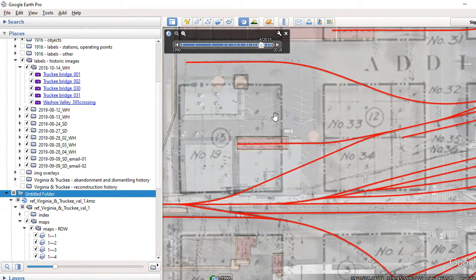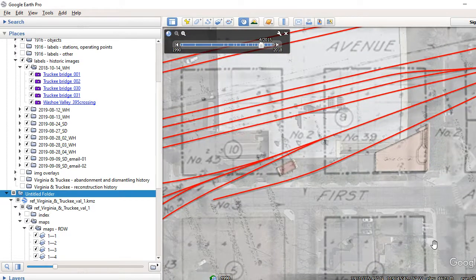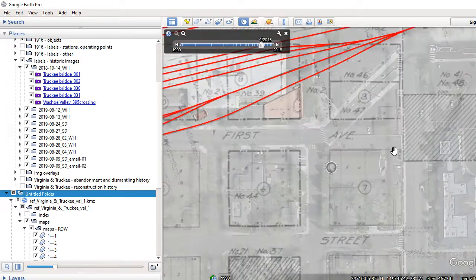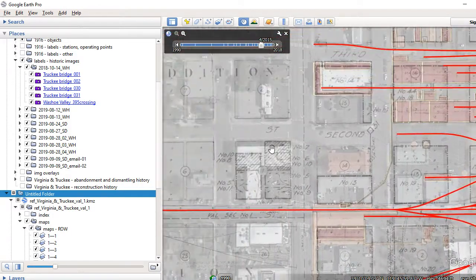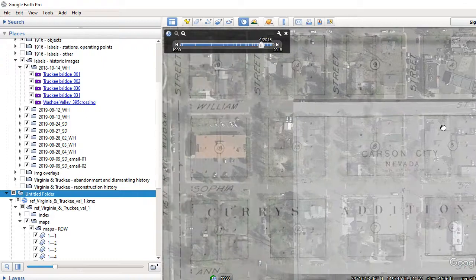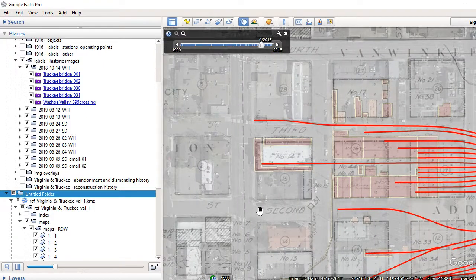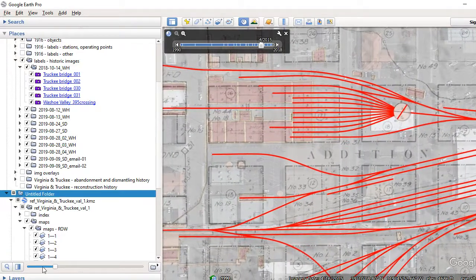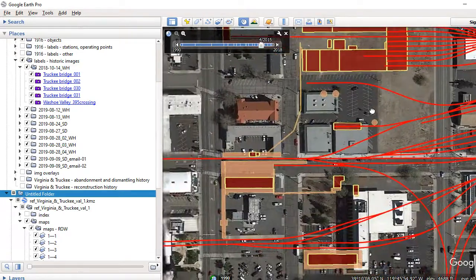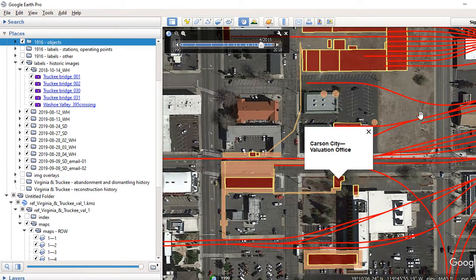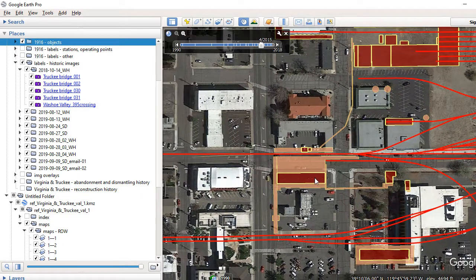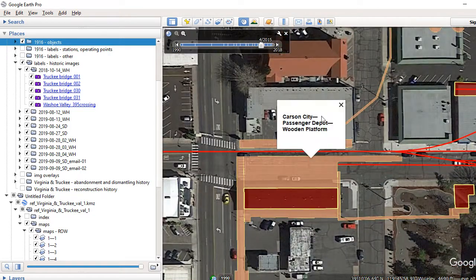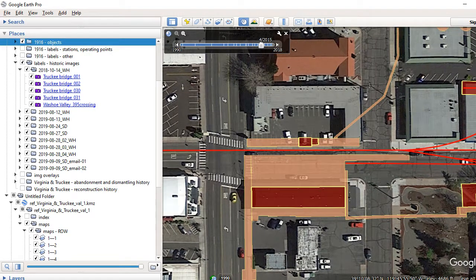If you look carefully at the relationship between the property boundaries in the map and the streets, that's what allowed me to place the image here, and from that draw the Virginia and Truckee objects, such as, for example, their valuation office where that mapping work was done, next door to their passenger depot, which used to have a wooden platform.